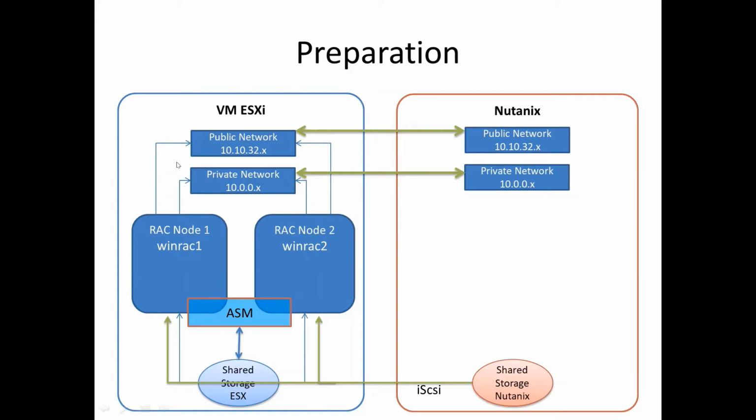But in my case, I'm going to do it one by one. Also, the shared storage will be attached to both the nodes through iSCSI. For me, I'm using the iSCSI initiator and having my connectivity using iSCSI.